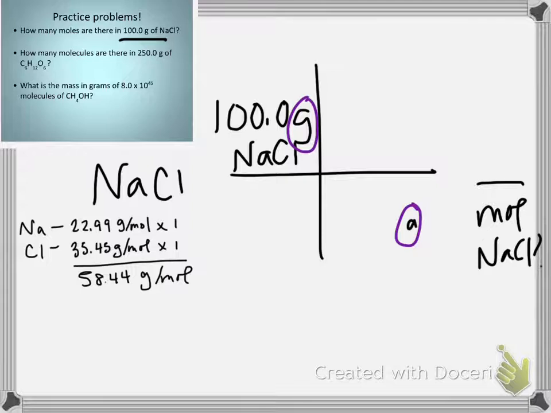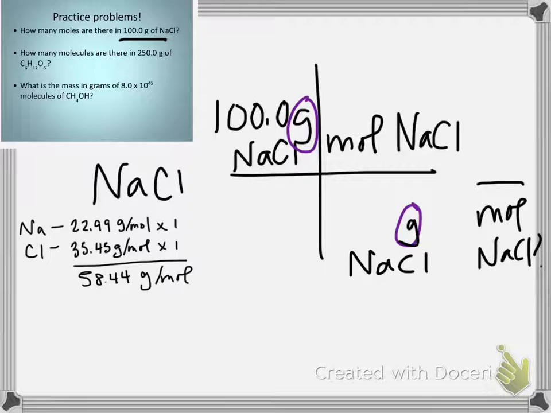So we know we're going to be using grams of sodium chloride, and we know that we want to have units here that we're going to end up in. So that will be moles of sodium chloride. Remember when doing conversions that unless it's your given, you never put any number except 1 in front of moles. And we just found how many grams of sodium chloride there are in a single mole.